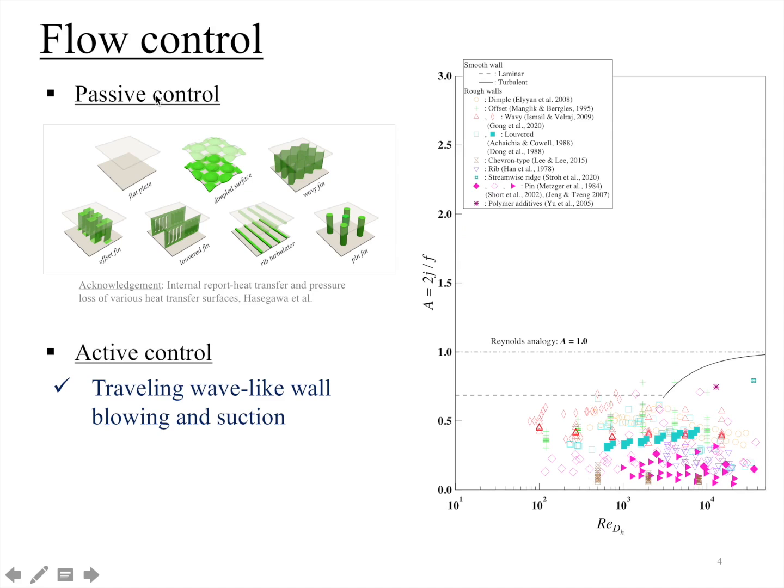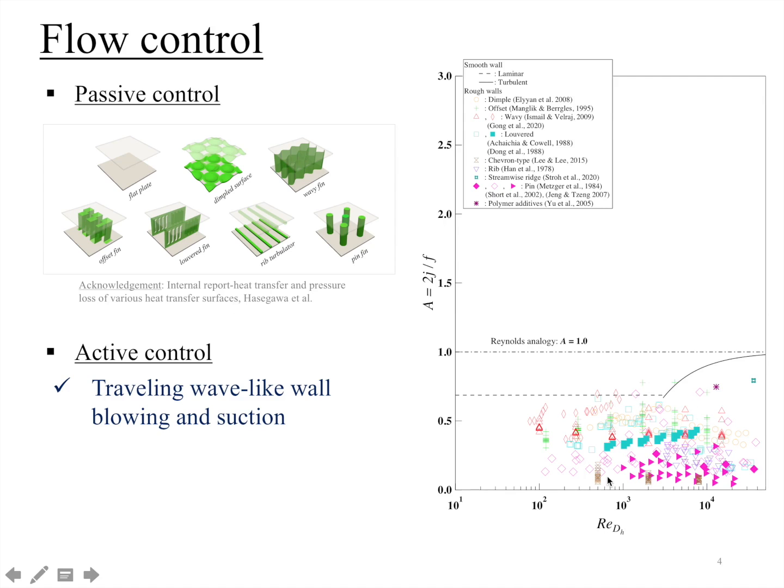The existing flow control techniques can be broadly classified into passive or active techniques depending upon the need for additional energy to implement these techniques. The traveling wave like wall blowing section, which is used in the present study, is a typical example of active control strategy. Shown here is the plot of analogy factor versus Reynolds number for the existing couple of flow control techniques.